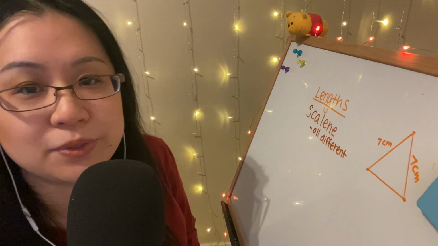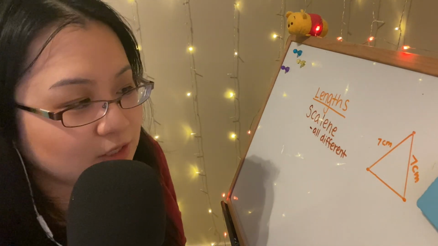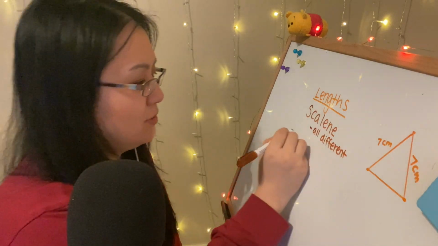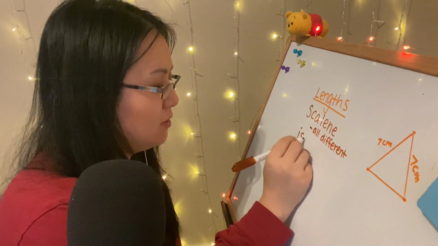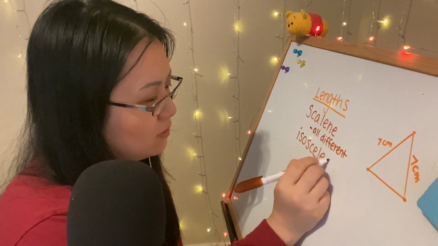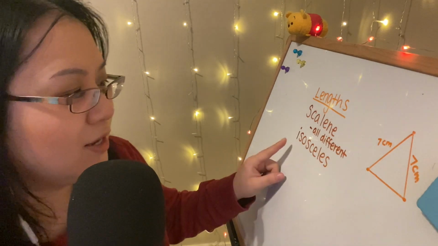And these are both 7 centimeters. Then we call this an isosceles triangle. Isosceles.